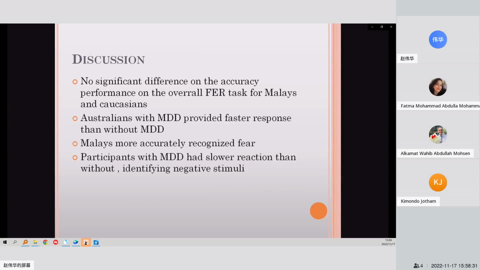The Australians with MDD actually provided faster response than without MDD, and Malays were more accurate in recognizing one of the emotions, that is fear. The participants with MDD had slower reaction than without MDD in actually identifying the negative stimuli, that is fear.